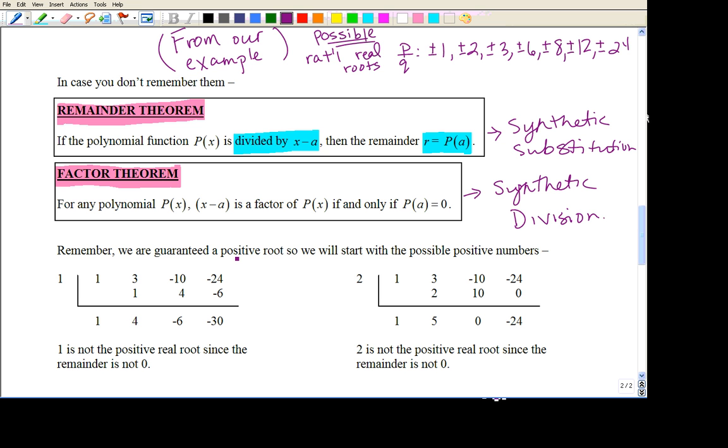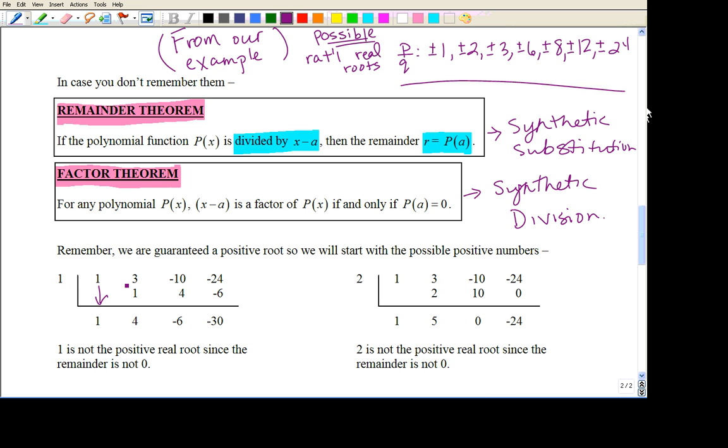So let's look at some of these possibilities here. Remember, we are guaranteed a positive root because in our Descartes chart, no matter what, we had one positive root. So we'll start with the possible positive numbers from our list of possibilities up here, and we will start plugging those in. If we have 1, and we use synthetic substitution, you bring down the first term, and then 1 times 1 is 1, and then 3 plus 1 is 4.